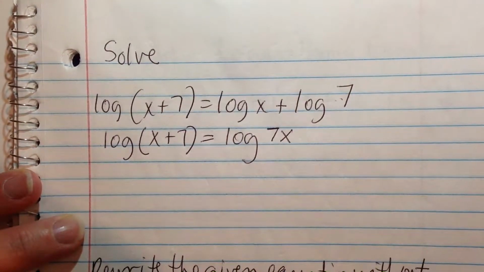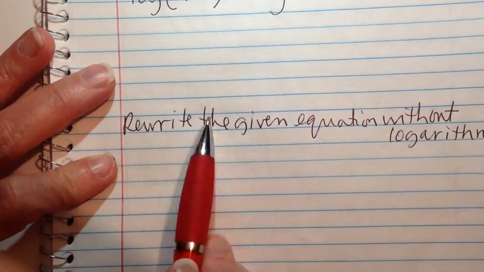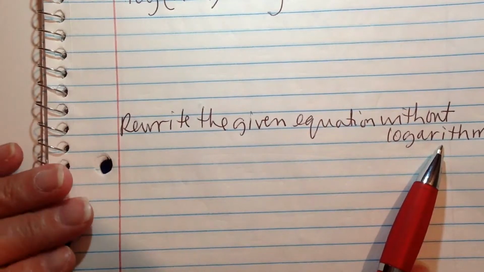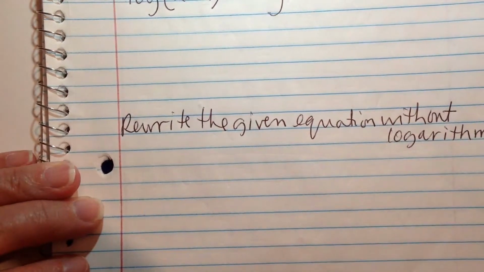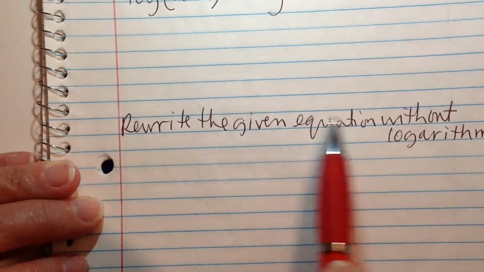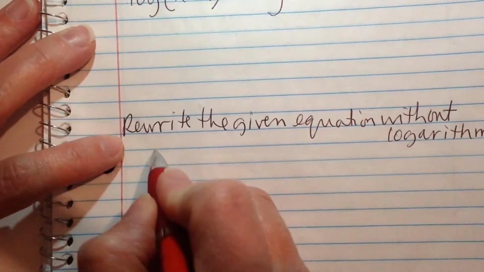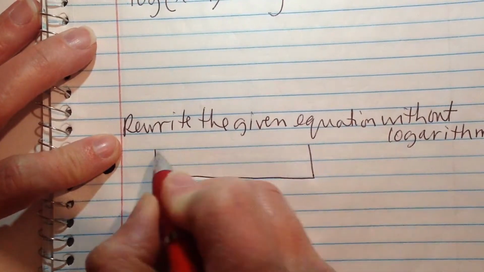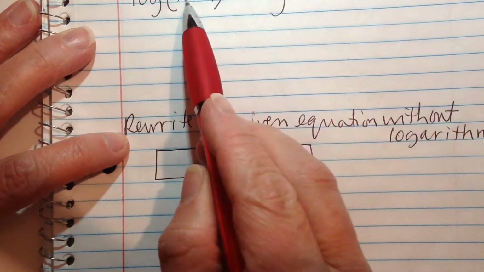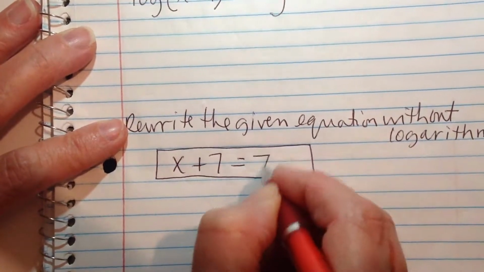Now, the next statement says rewrite the given equation without logarithms. In your online homework, it's going to ask you to fill in the blank for this step. Rewrite the given equation without logarithms. So the answer for the online homework, if you rewrite this without logarithms, would be x plus 7 equals 7x.